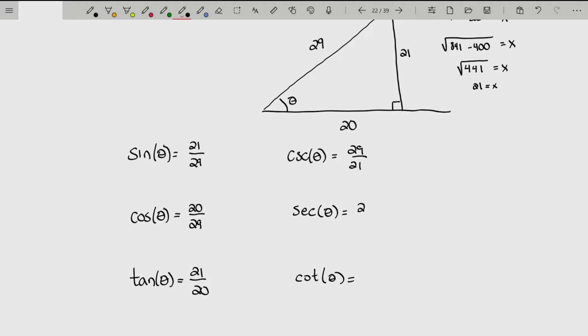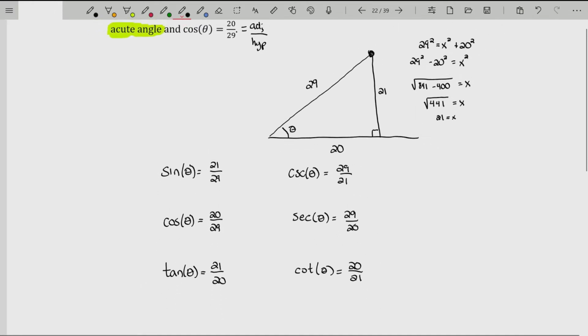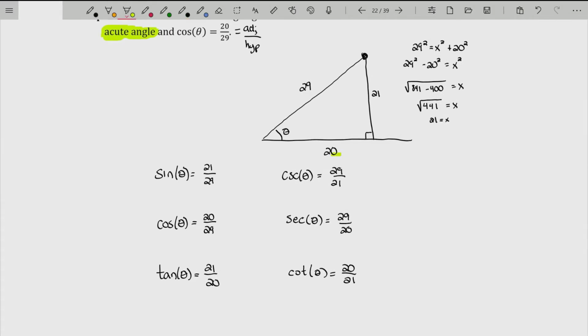The secant itself is 29 20ths. And the cotangent is 20 21sts. There you go. By the way, I should also mention, because these are nice clean numbers, that's yet another Pythagorean triple. Just like 3, 4, 5, 20, 21, and 29 are a Pythagorean triple.